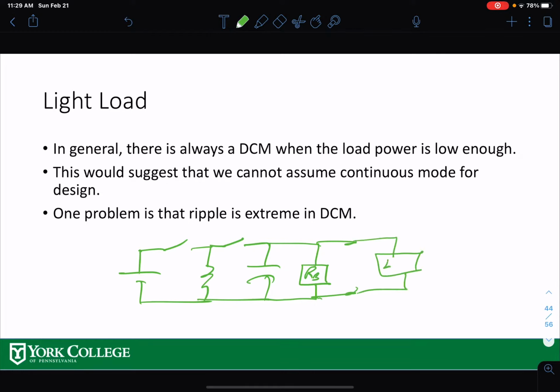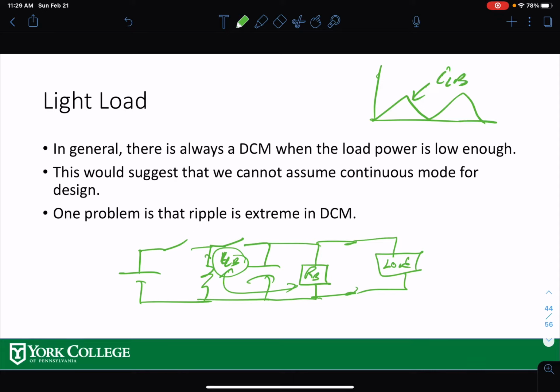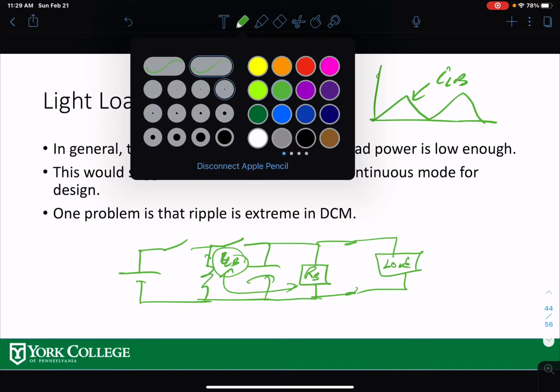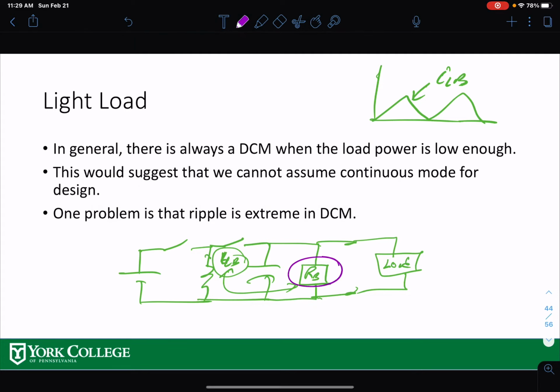For RB, if nothing else is connected, there's a current here, let's call it ILB, and that ILB would be like this, due to the load right here.